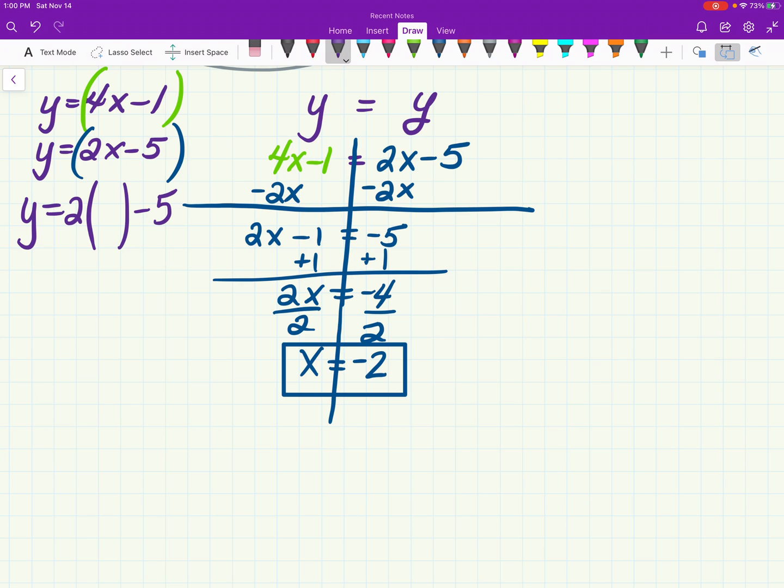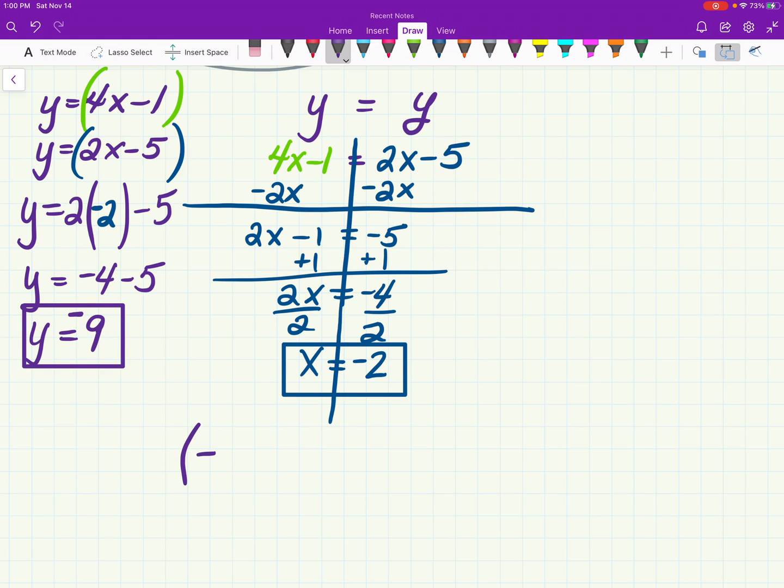In that blank is going to go the negative 2, because that's what we just figured out x equals. And then we're going to finish solving this. y equals negative 4 minus 5, so y equals negative 9. Now we know that if we were to graph these two lines, they would cross at negative 2, negative 9.